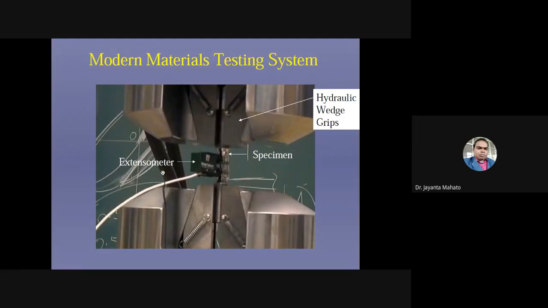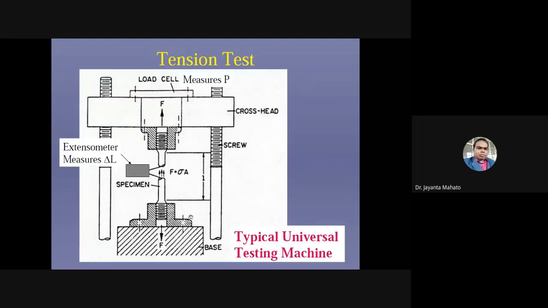Sometimes this tensile test can be performed in three different modes. One is by load control, another is by position control, and the third one is by strain control. Load control means you are controlling the load.